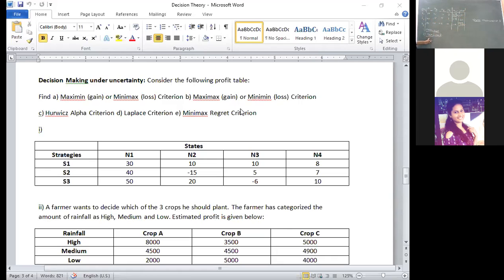Second bit is maximax. For every strategy, you have to calculate the maximum value, and among all maximum values, you have to choose again the maximum. Right now, make a note for the second bit.